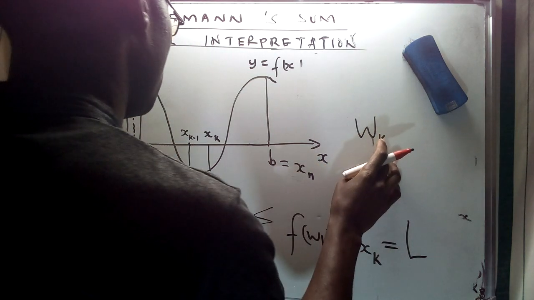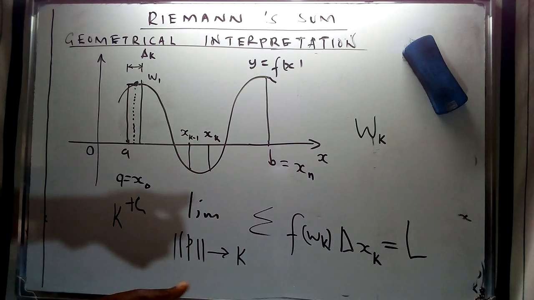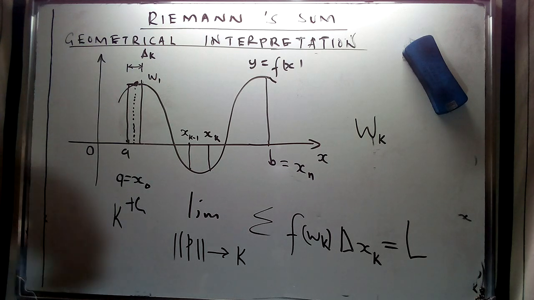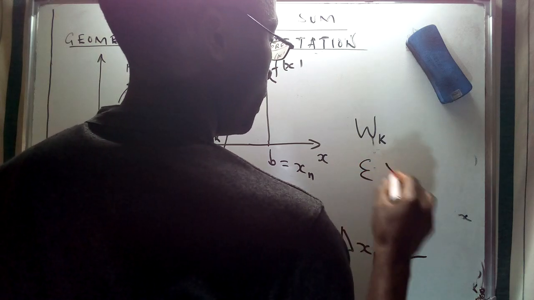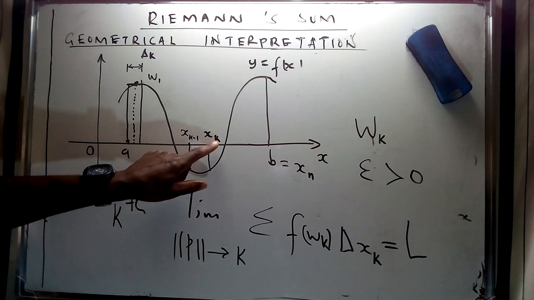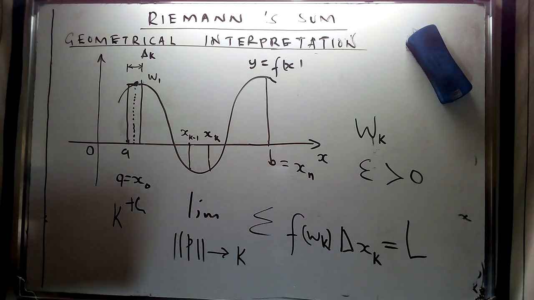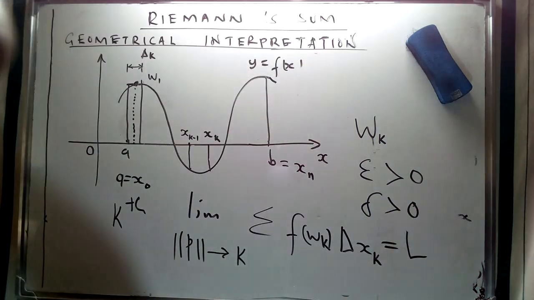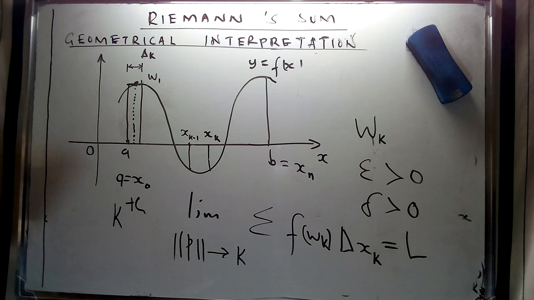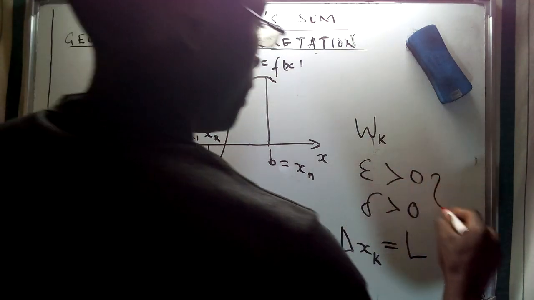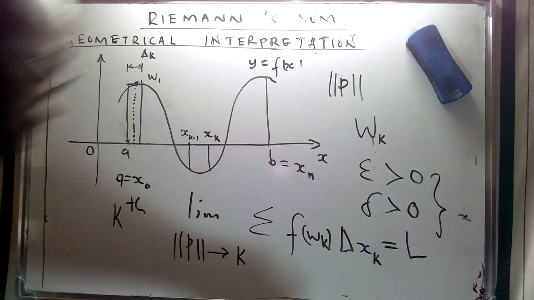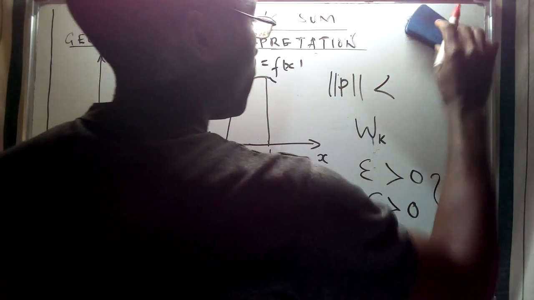For the range of values between xk minus 1 and xk, which is delta xk, for n values, for every number that we can arbitrarily give as epsilon, which is greater than 0, there is going to exist another value, sigma, also greater than 0, such that the norm of this partition P is smaller than sigma.